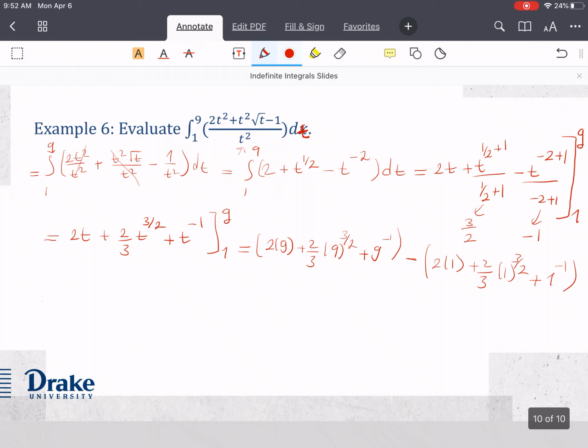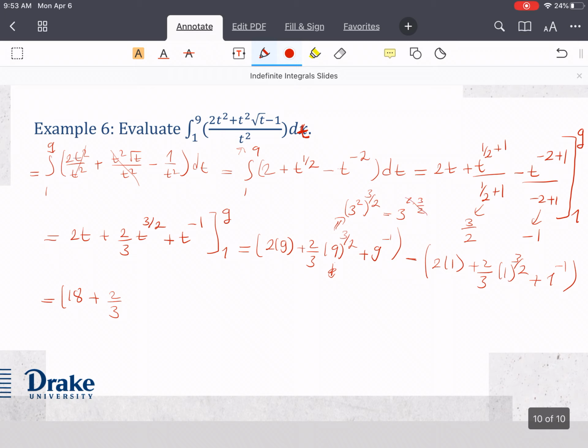Okay, so then I'm going to continue. 2 times 9 is 18 plus 9 to the 3 halves, which is another tricky one. So what we can do is 2 over 3 times, we know that 9 is 3 squared. So this is 3 squared raised to 3 halves, which is the same thing as 3 to the 2 times 3 over 2.